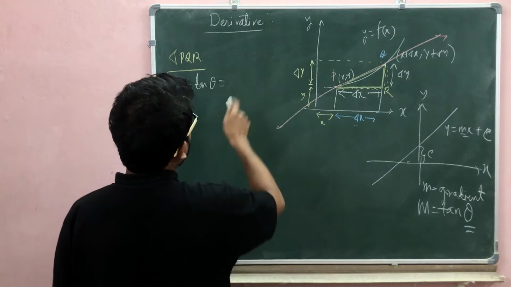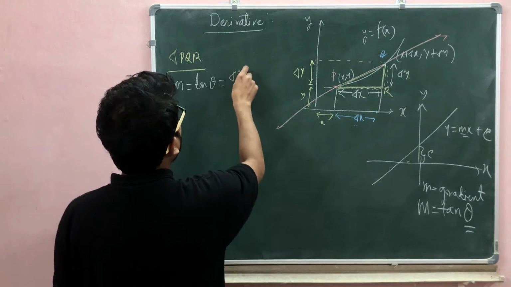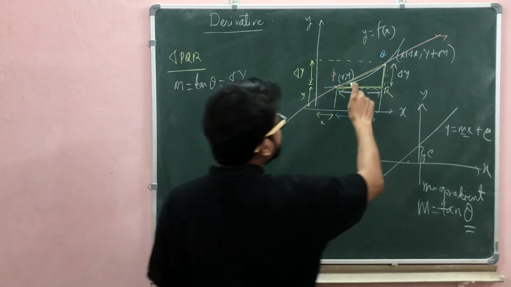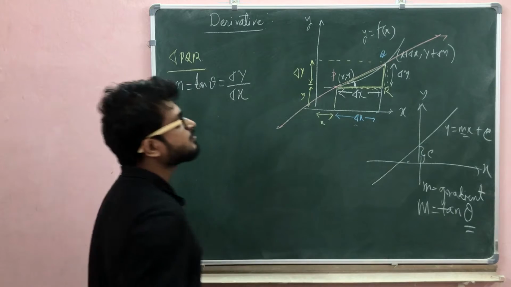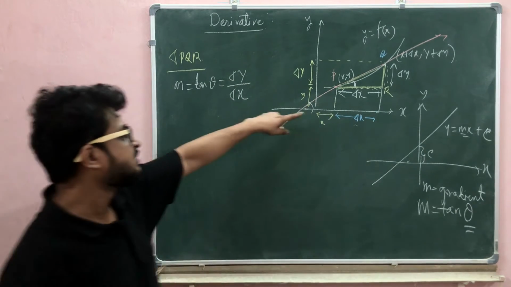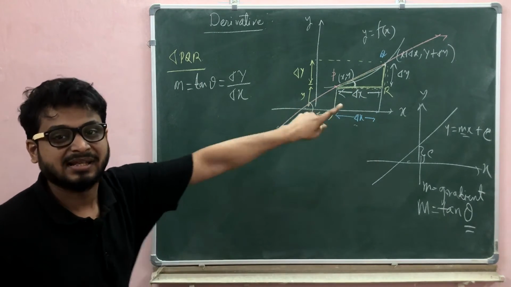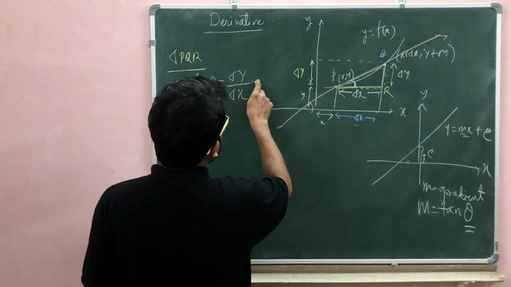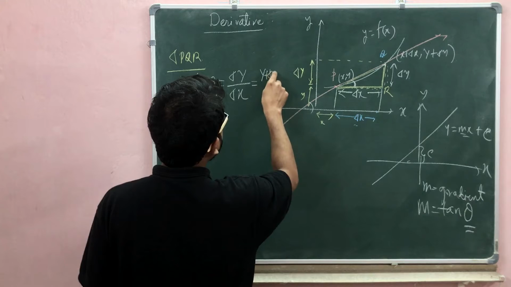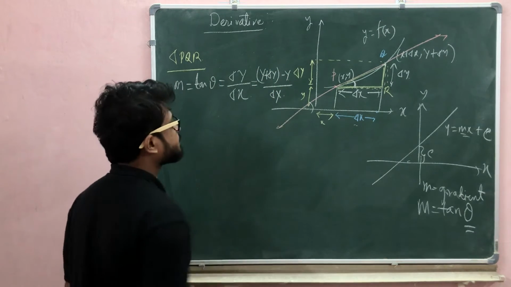So tan theta is perpendicular by base, that is delta y by delta x. This is the gradient angle, and also this is a gradient angle, since these lines are parallel and the angles are equal. Now some algebra: delta y by delta x equals y plus delta y minus y, by delta x.